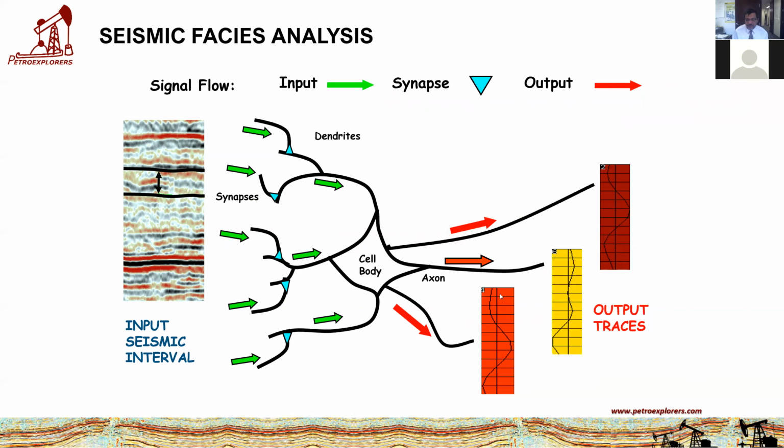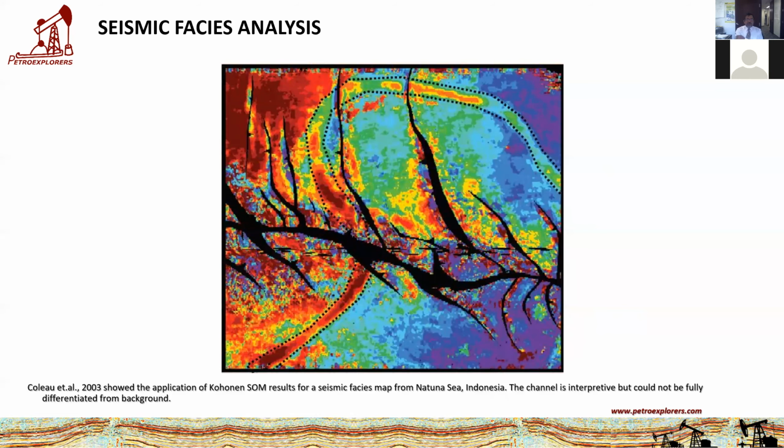Each waveform has like 20 samples, so 20 by 20 by 20, this is the relationship from top to bottom. Which means it would contain the amplitude, phase, and frequency information within this waveform or interval. So that interval could lead to very useful geological information.